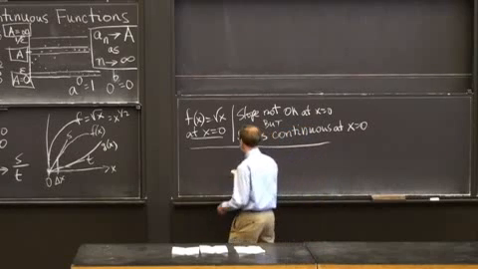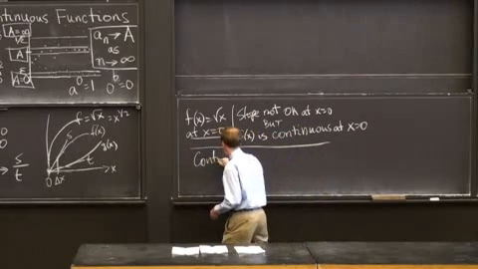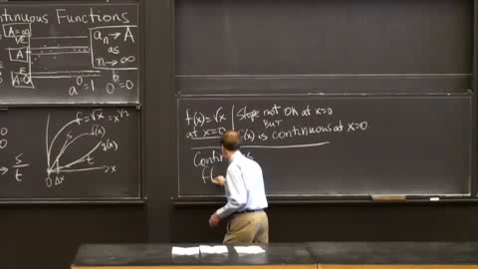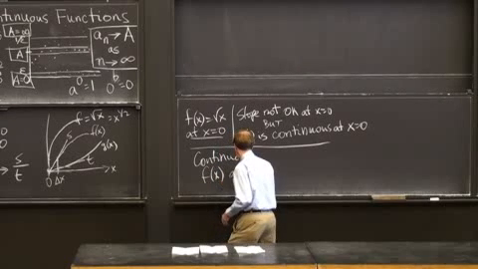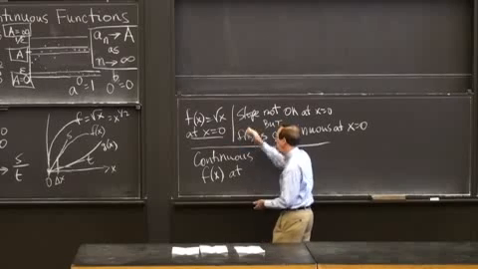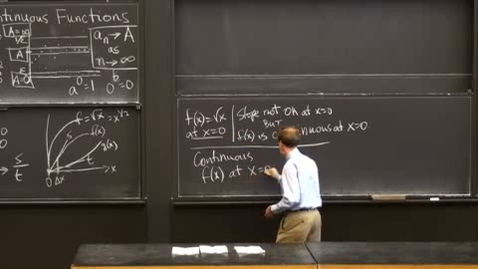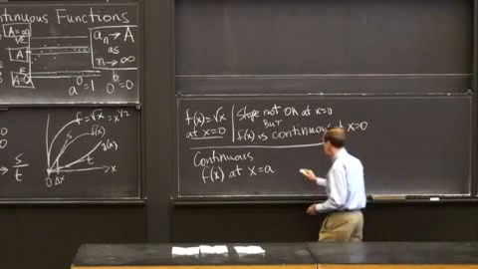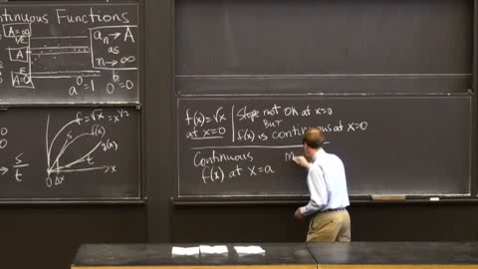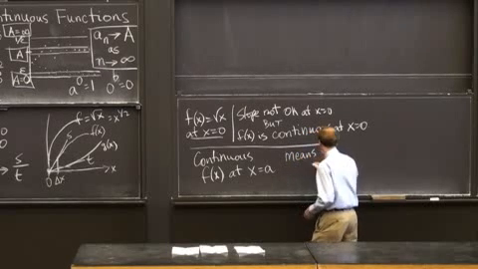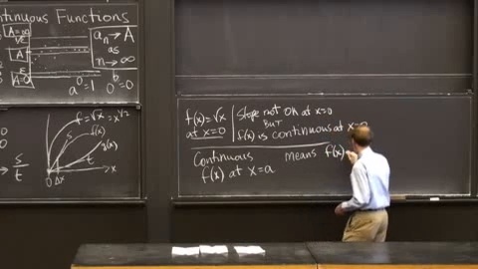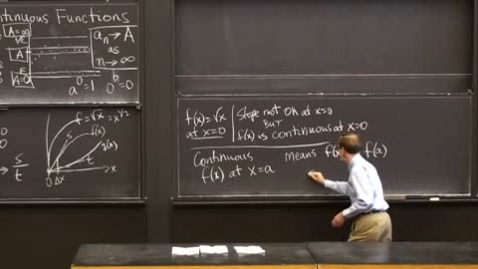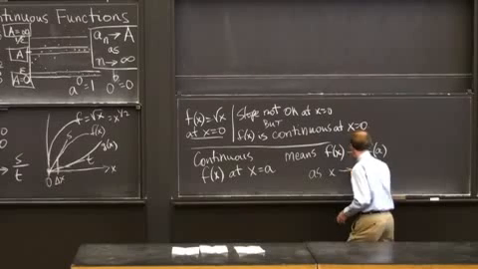A continuous function f of x at some point, maybe here it was 0, I better allow any old point. So in words, it means f of x approaches f of a as x approaches a.